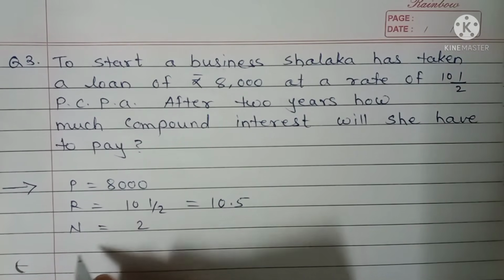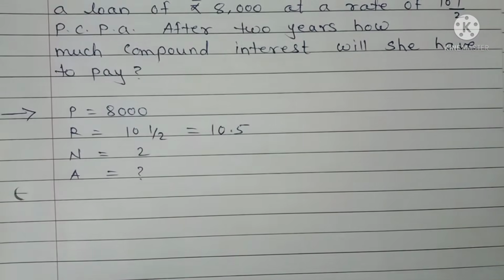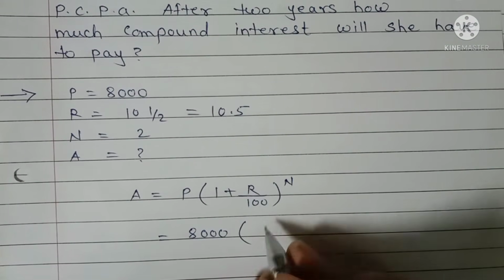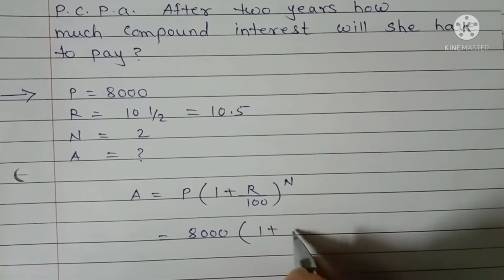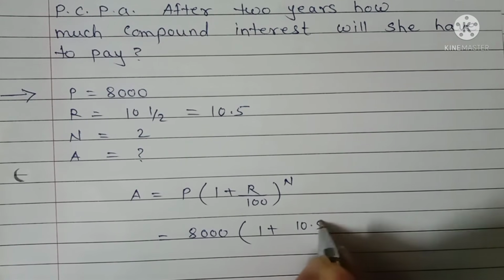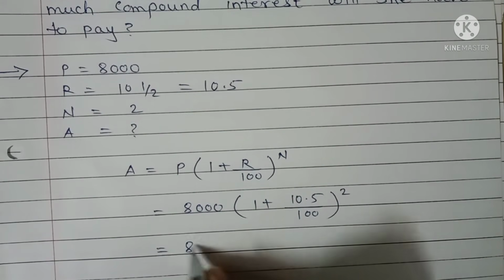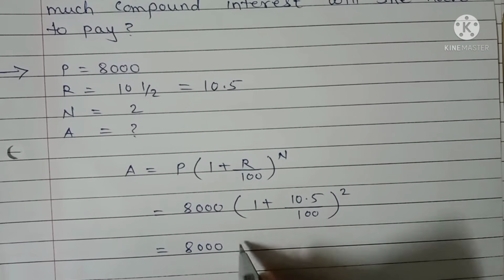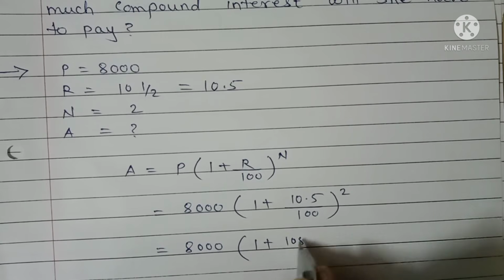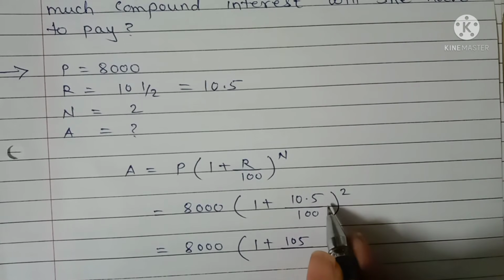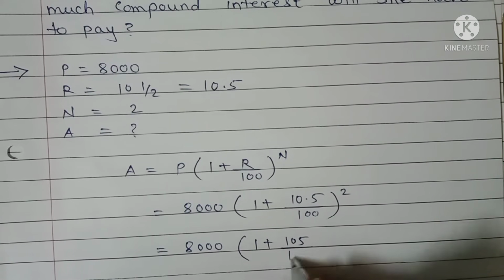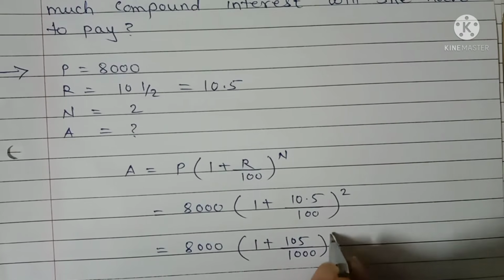And what you have to find? Amount. Now put the values in the formula. Here I am removing this decimal point, means 1 plus 105. When the decimal point is removed, one more 0 is added below, means divided by 1000.